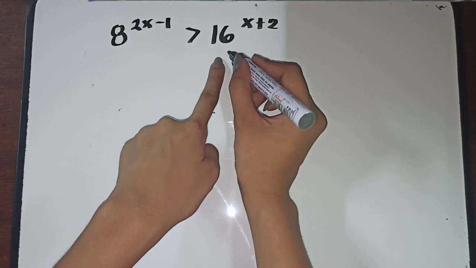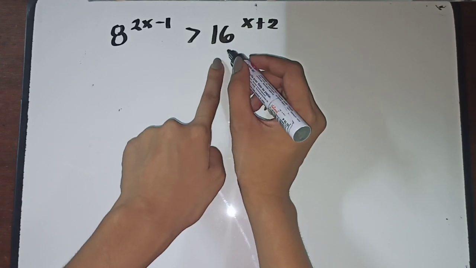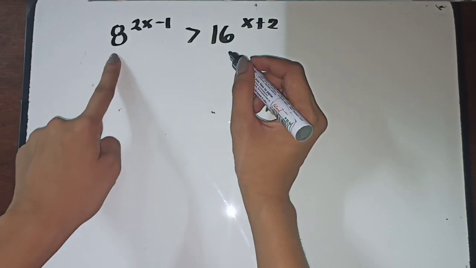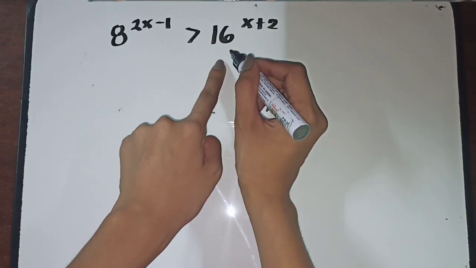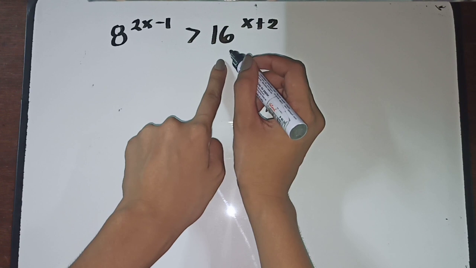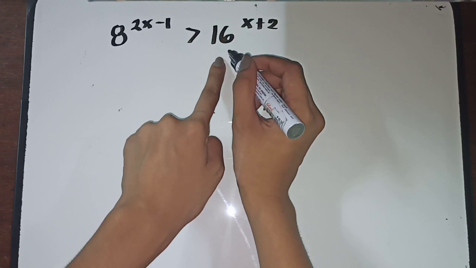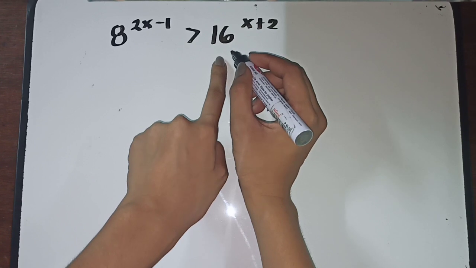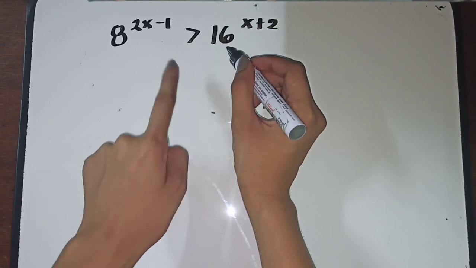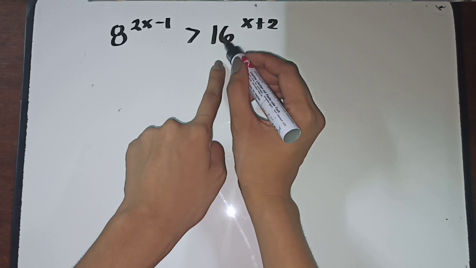So, itong 16 ba, meron ba akong exponential form na may base na 8? 8 raised to 1 ay hindi pwede since 8 raised to 1 is 8. How about 8 raised to 2? 8 raised to 2 is 64. So, ibig sabihin, hindi rin pwede na 8 yung gagawin kong base pagdating kay 16.